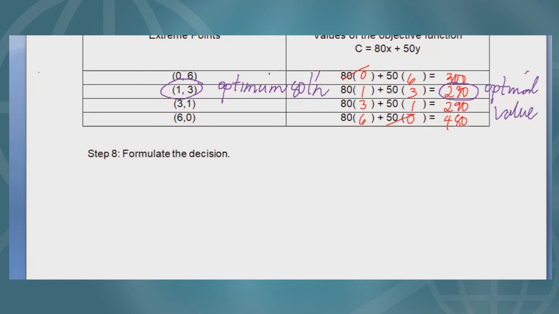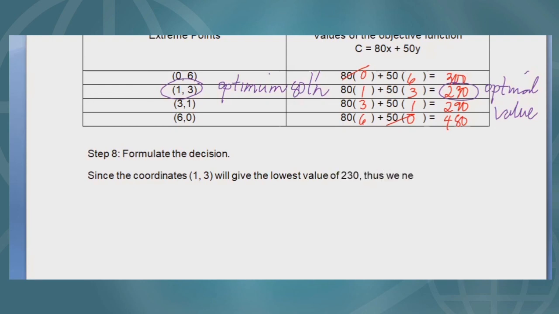Then make a conclusion in step 8. Formulate your decision. Since the coordinates 1, 3 will give the lowest value of 230.